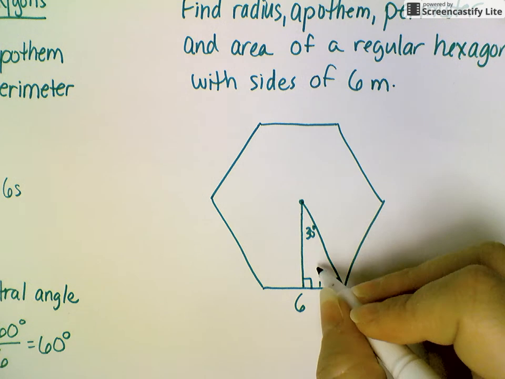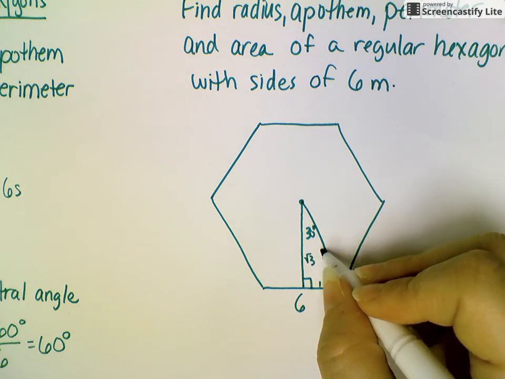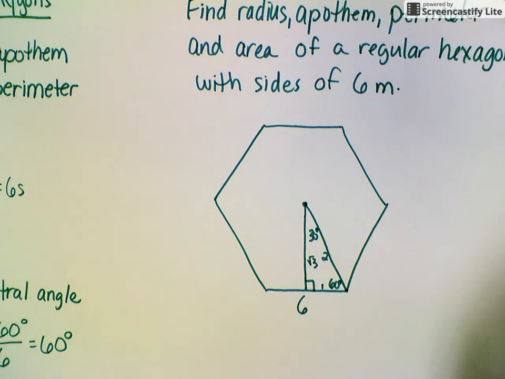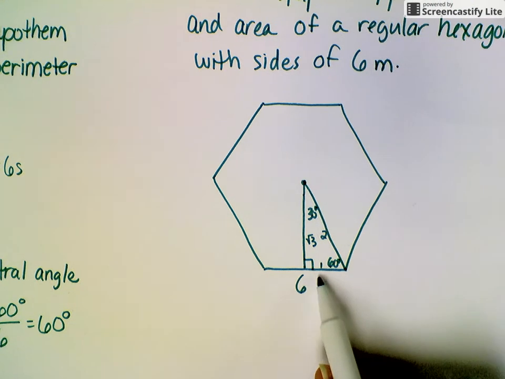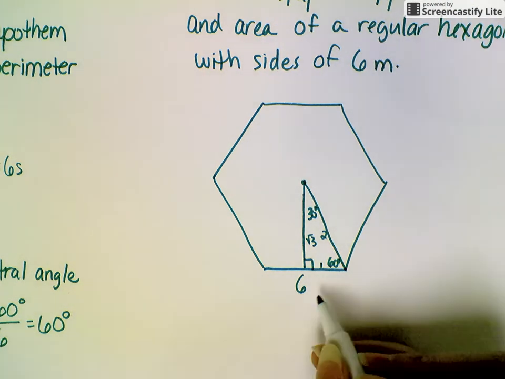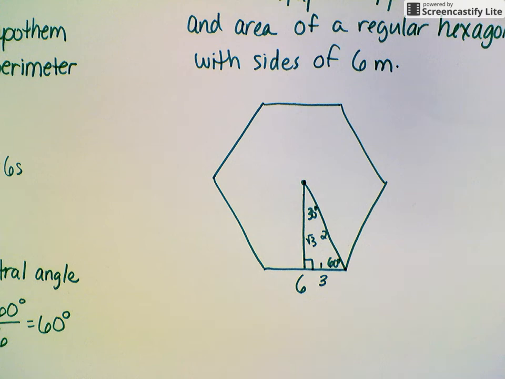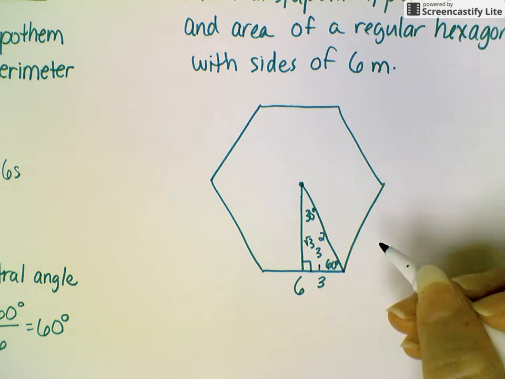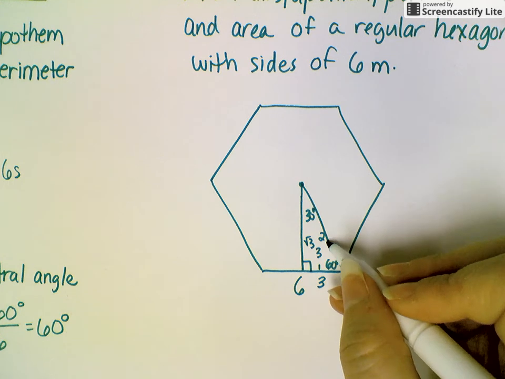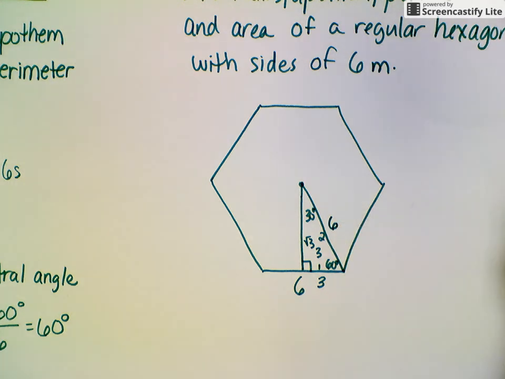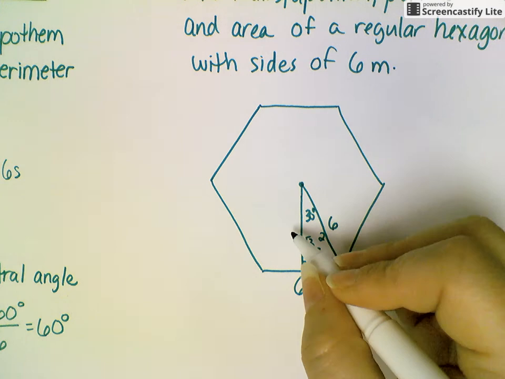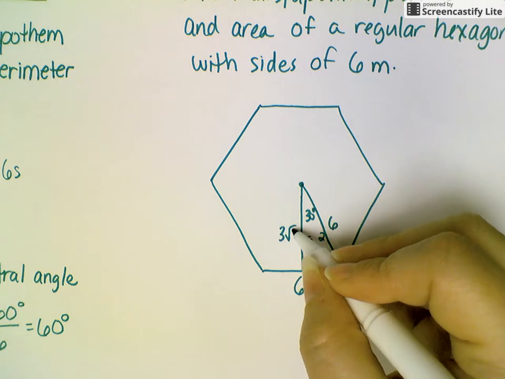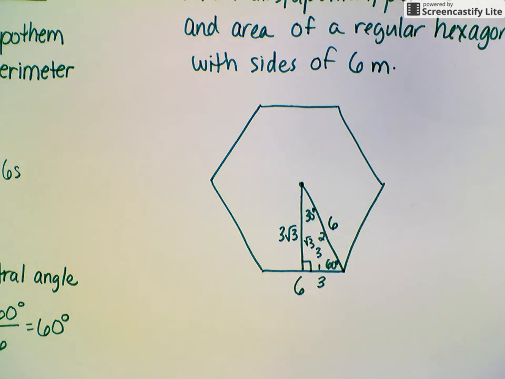Across from the 30 is a 1, across from the 60 is a radical 3, hypotenuse gets a 2. But this side here of this right triangle is not 6, it's half of that, so it's going to be 3. So I can divide in, 3 divided by 1 is 3, and multiply out. 3 times 2 would give me 6 for my radius, and 3 times radical 3 would give me 3 radical 3 for my apothem. So that's my divide in, multiply out.